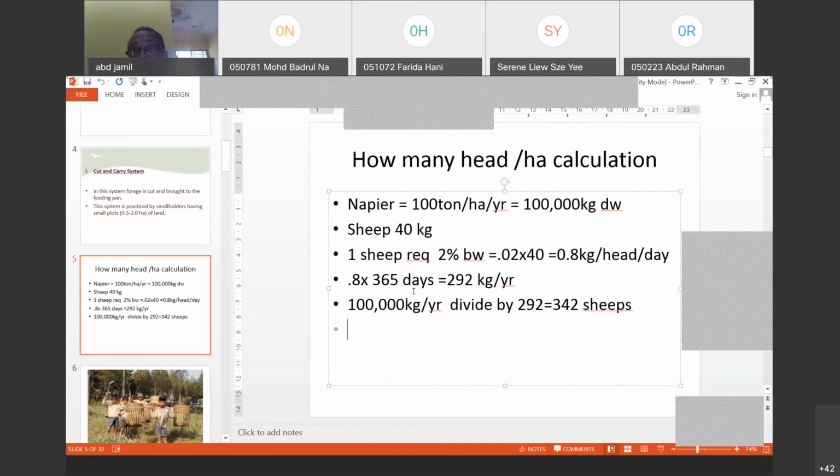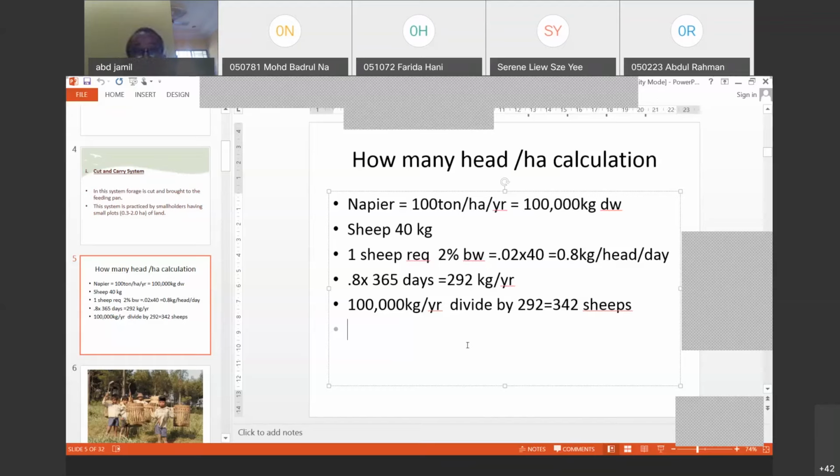Probably by now you should be able to calculate the return from investment when keeping cattle or goat. If you give 1% body weight of pellet of concentrate to your goat, 1% here is equivalent to 400 gram. 1 kilogram costs 1 ringgit, I think, approximately.